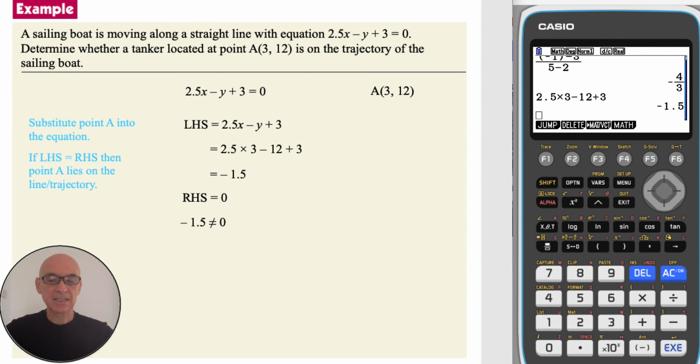But as -1.5 is not equal to 0, in other words, the value on the left-hand side is not equal to the value on the right-hand side, we conclude that point A does not lie on the line, i.e. the tanker is not on the trajectory of the sailing boat.